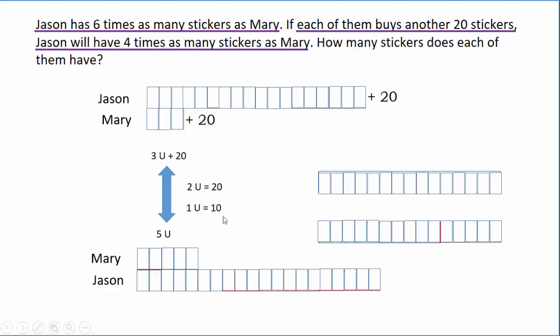So 3 times 10, 30 stickers for Mary. Similarly, Jason had 3 times 6, that's 18 units. So that would be 18 times 10, 180 stickers for Jason.